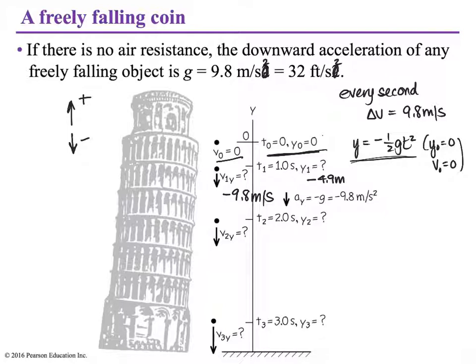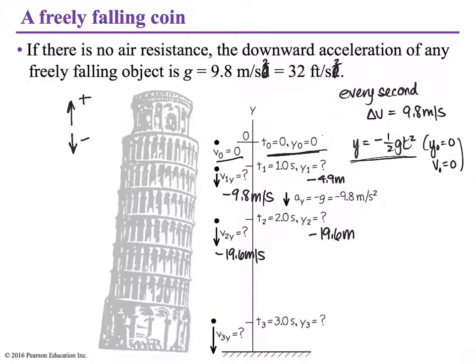At 2 seconds, our velocity is minus 19.6 meters per second because it changes by another 9.8. For the y position, we take t equal to 2, square it, multiply by 9.8, and divide by 2, which gives us minus 19.6 meters.